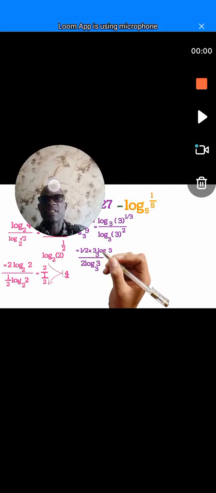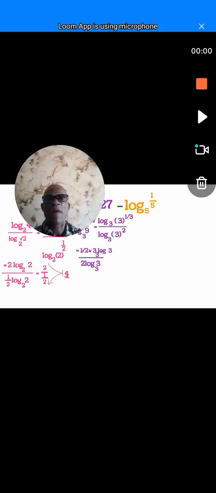Log of the base is equal to 1. That is 1 over 2 times 3 times 1. It remains 3 over 2. That is 1 over 2 times 3 is 3 over 2.